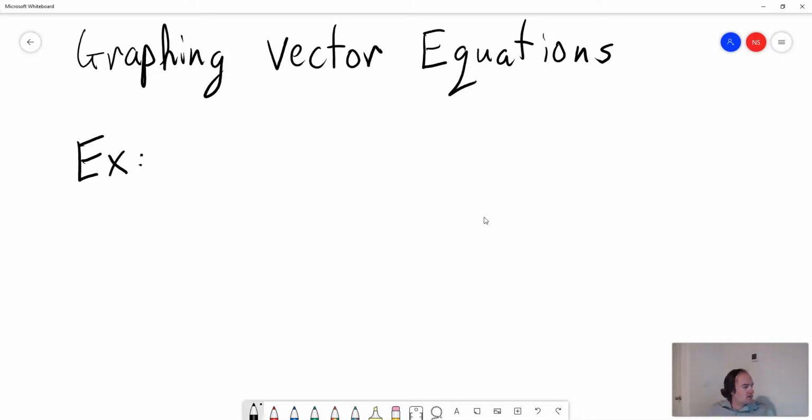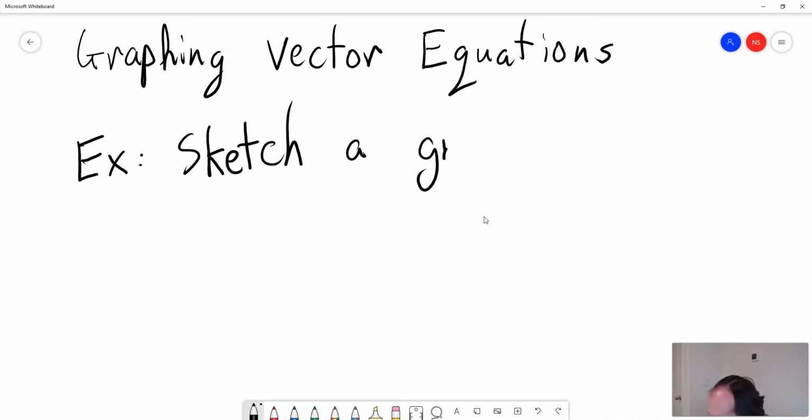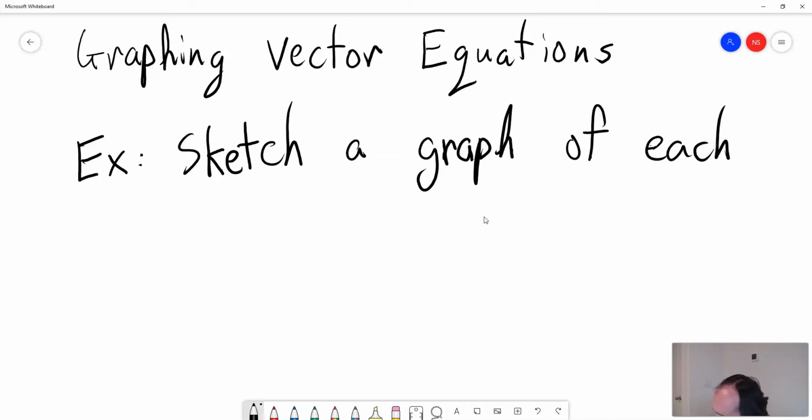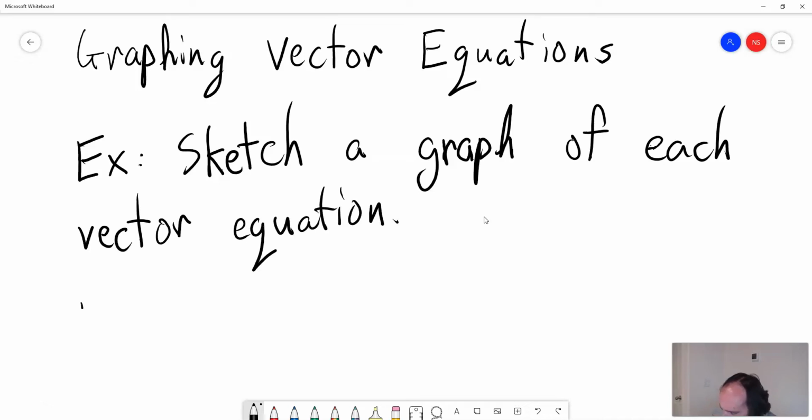Okay, so example. Determine the graph corresponding to the given vector equation. In other words, sketch a graph of each vector equation. For our first example, our vector equation is r of t.